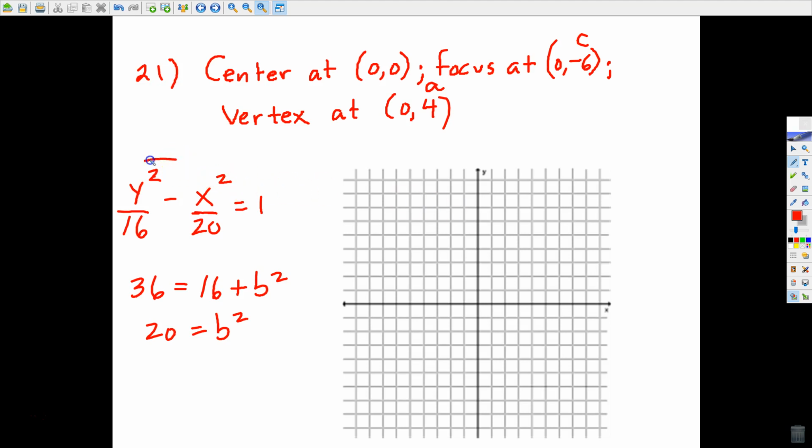Okay, so we've come up with the equation, and let's go ahead and sketch the graph. To make our rectangle, we're going to do the square root of 16 plus and minus on the y-axis, 4 up and 4 down. We're going to do the square root of 20 on the x-axis, and the square root of 20 is about 4.5.